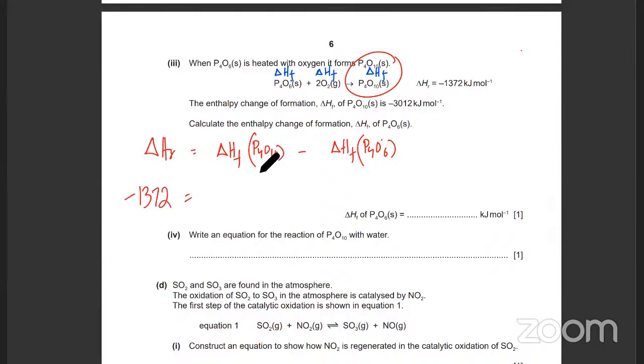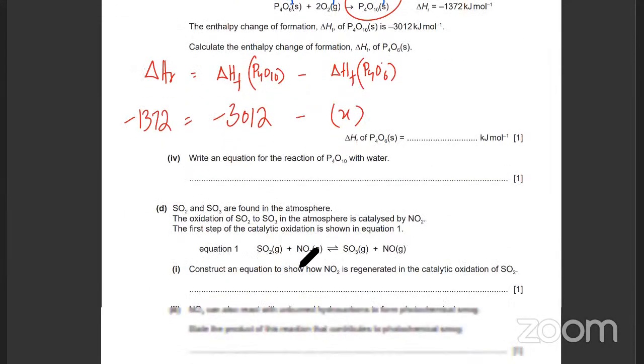So the enthalpy of formation of P4O10, that's given, that's 3012. And minus this is not given, so you can find what X is. So you can try and calculate X, and that will solve the answer.